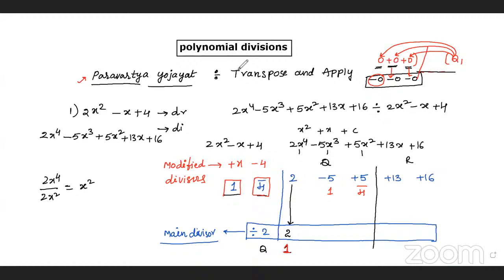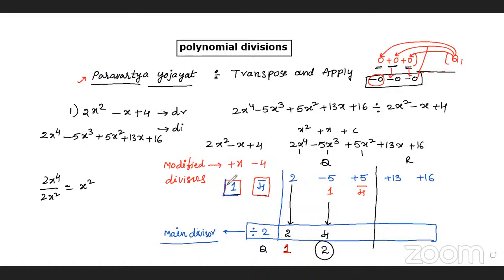Now what is the sum here? -5 plus 1 gives 4. So now 4 divided by 2 in this box. We have to do the division, so we are getting 2. Now this 2 is again multiplied with the modified divisors.